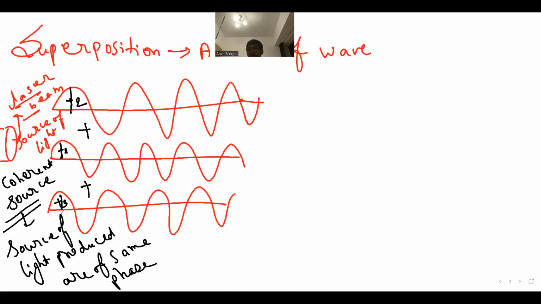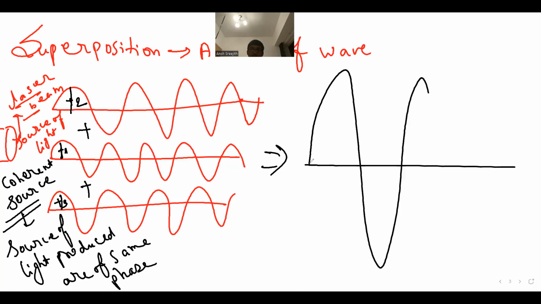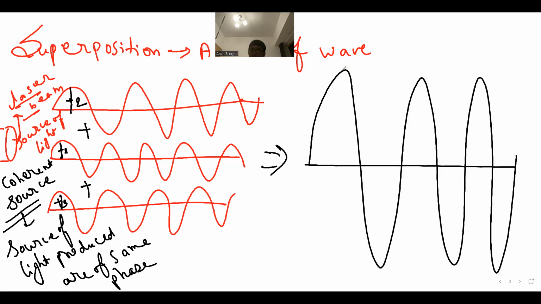So adding, they are in the same phase. The sum will be how much? 2 plus 1 plus 3, it means 6. So the amplitude will become 6. This magnified wave, this high amplitude wave, not high frequency, is known as constructive interference.